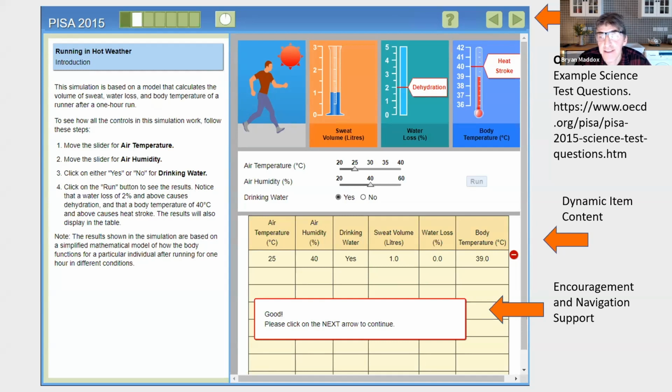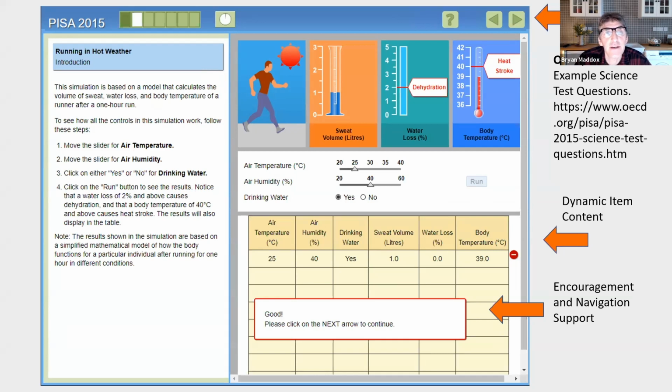It says good, it's encouraging. And I think one of the things that a computer-based test can do is provide feedback immediately to the test taker. It can provide encouragement and also some support, for example, with navigation. So in this case, it's saying, please click onto the next arrow to continue.